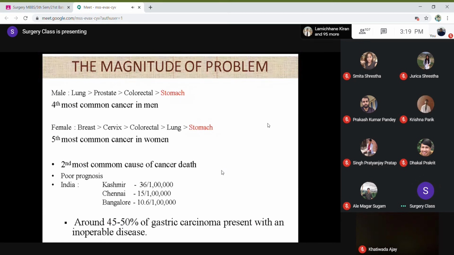And it is the second most common cause of cancer death.